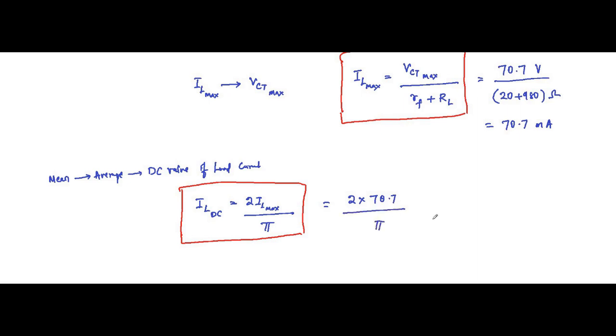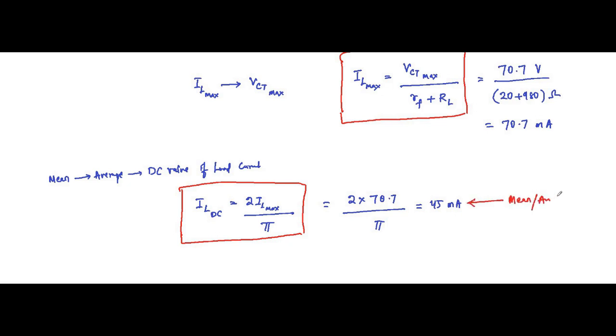Okay, so rounding it off, approximating it, it is coming around 45 milliampere. Okay, this is the mean value of load current, or DC value, or average value of load current.